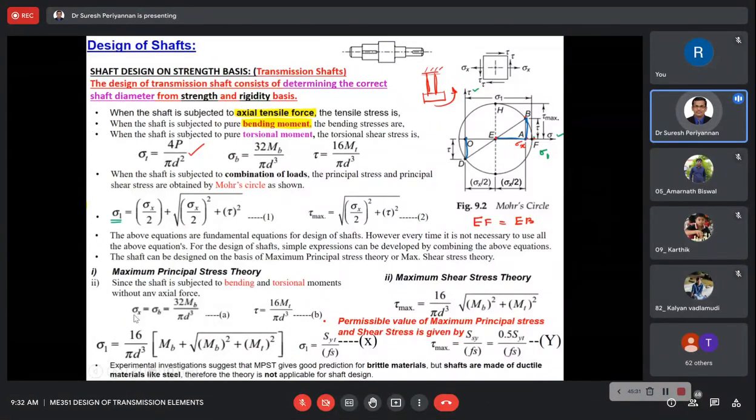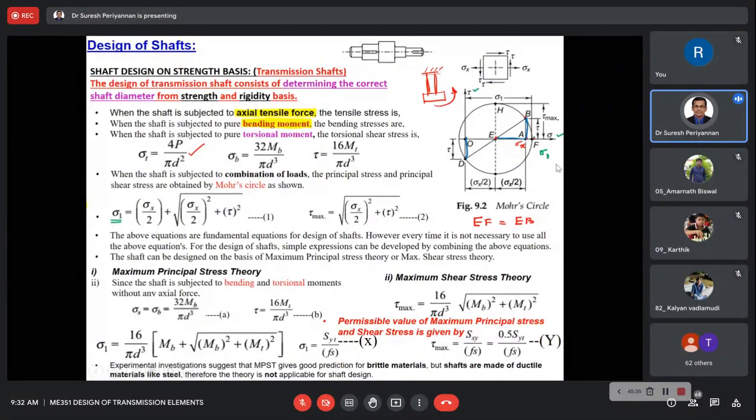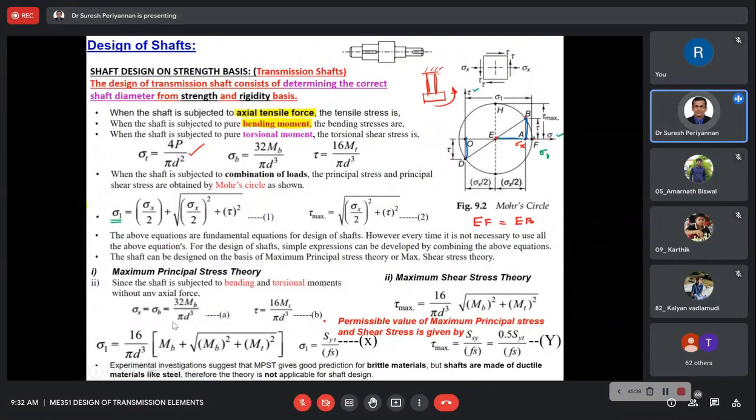Sigma x I am considering here as the bending stress, normal stress, hence 32 M_B by pi d cubed. This is our sigma x, and this is our tau. Substitute in the maximum principal stress equation and the maximum shear stress equation, and finally you are going to get this.